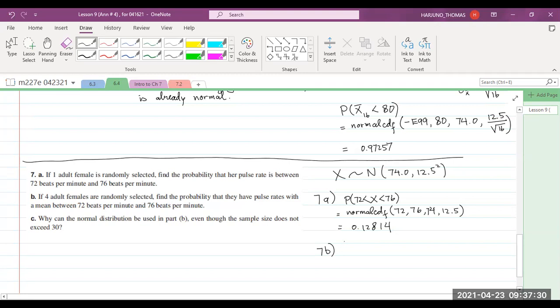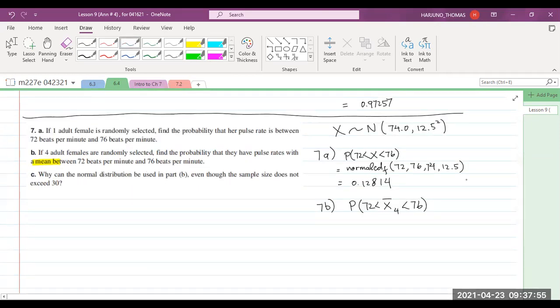Now, part B, if you have 4 adult females instead, find the probability that they have pulse rates with a mean between 72 to 76. Probability that X bar 4 will be between 72 to 76.